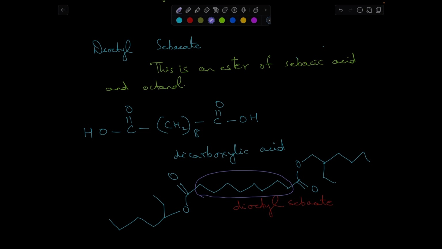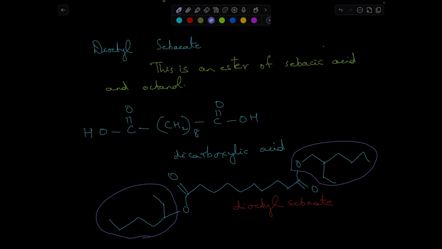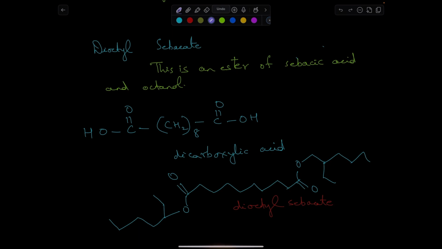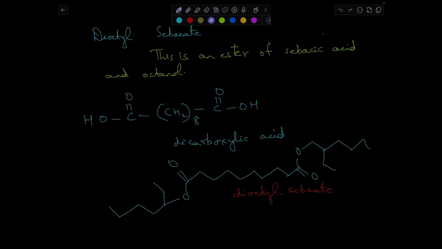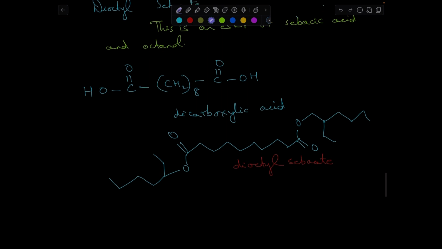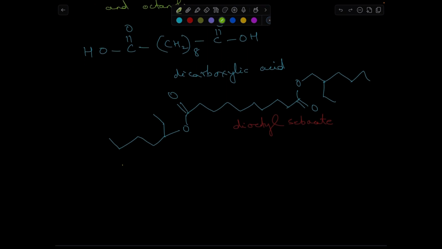This is the hydrophobic part of the sebacic acid, and this is the octanol portion. So we can see that there are 8 carbon atoms on either side for the octanol, and it's a branched octanol. So we can see that the hydrophobic portion dominates, and so we can expect this to be insoluble in water.